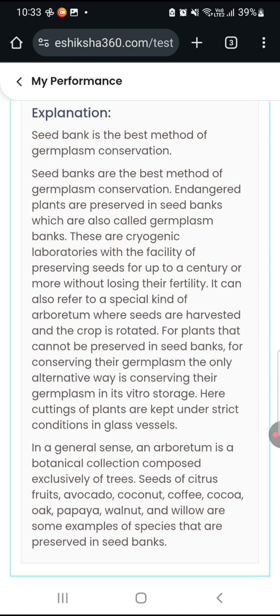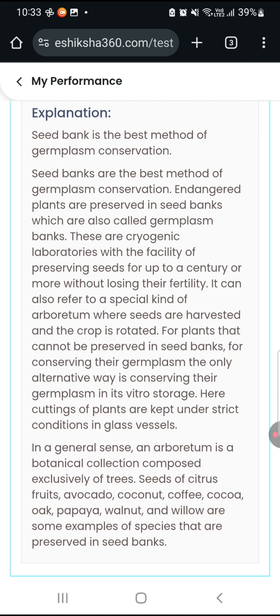Endangered plants are preserved in seed banks, which are also called germplasm banks. These are cryogenic laboratories with the facility of preserving seeds for up to a century or more without losing their fertility.